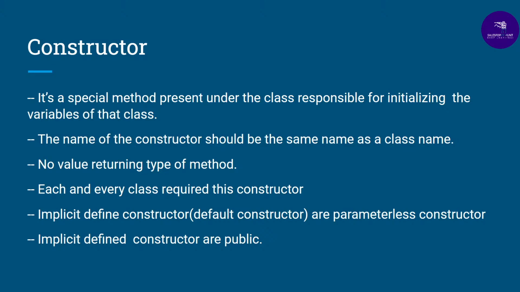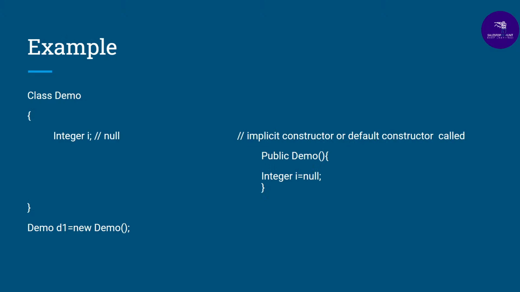So this is the definition and some key points about the constructor. These points are very important if you are learning any programming language. Here we have another thing about the constructor, that is an example.